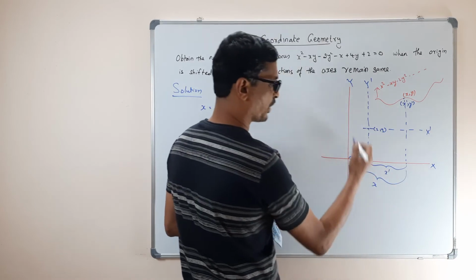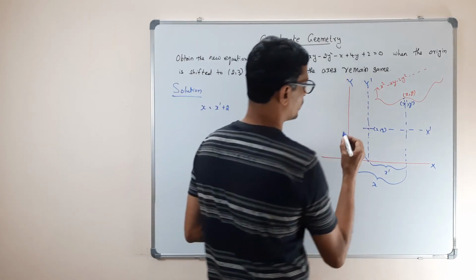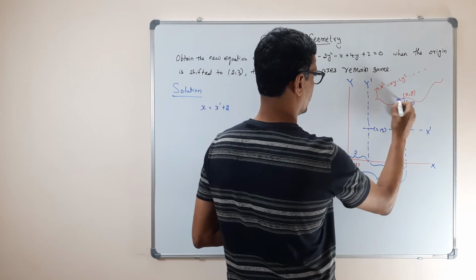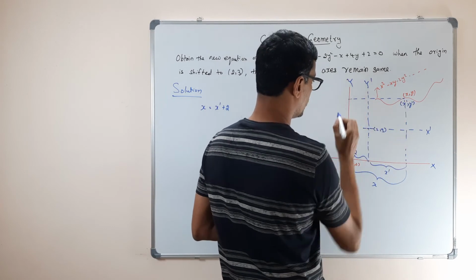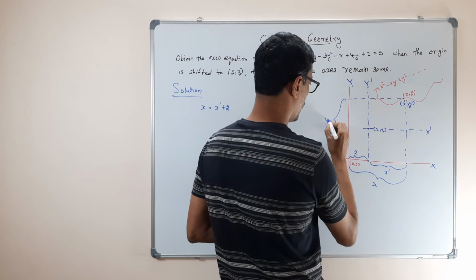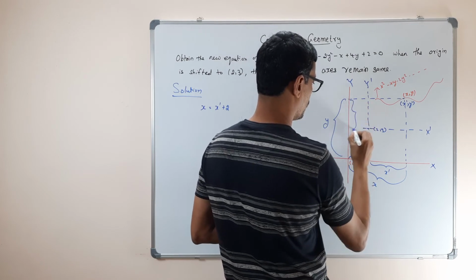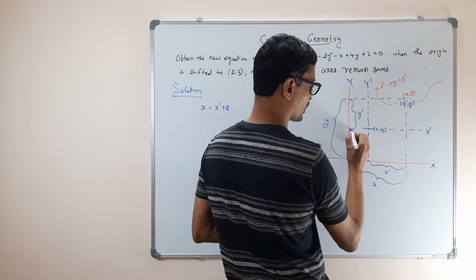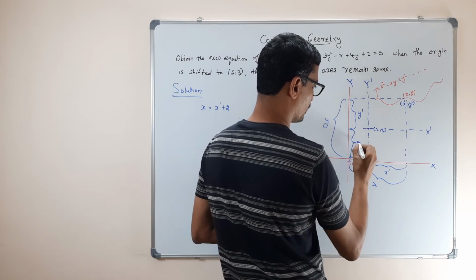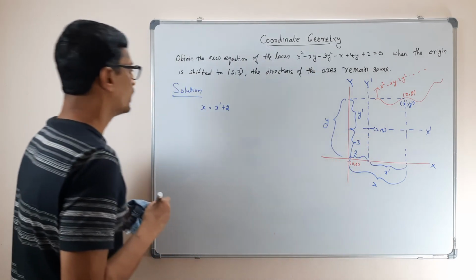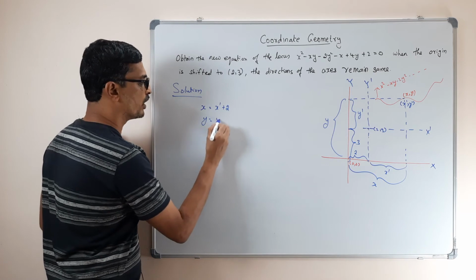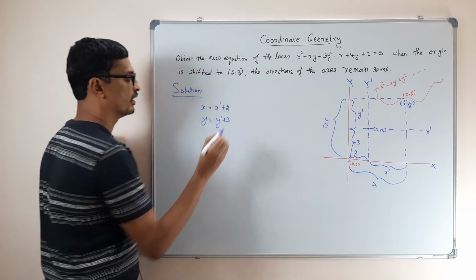So x is equal to x prime plus 2. Similarly here, y equal to y prime plus 3. So this is your y and this is your y prime, because this is measured from here. The distance is given as 3. So y equal to y prime plus 3.